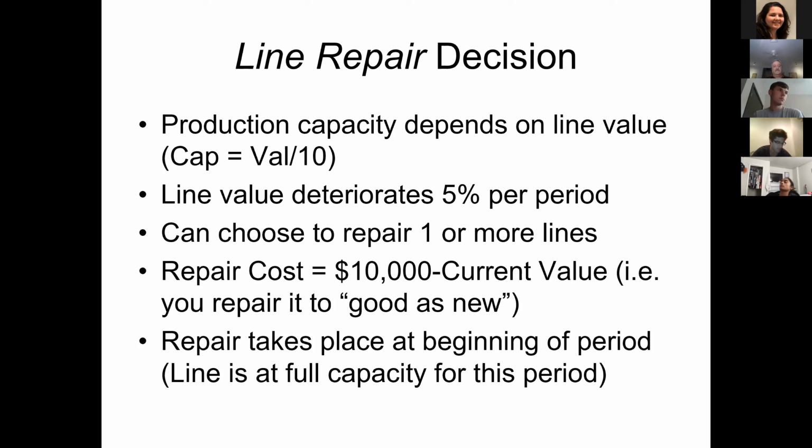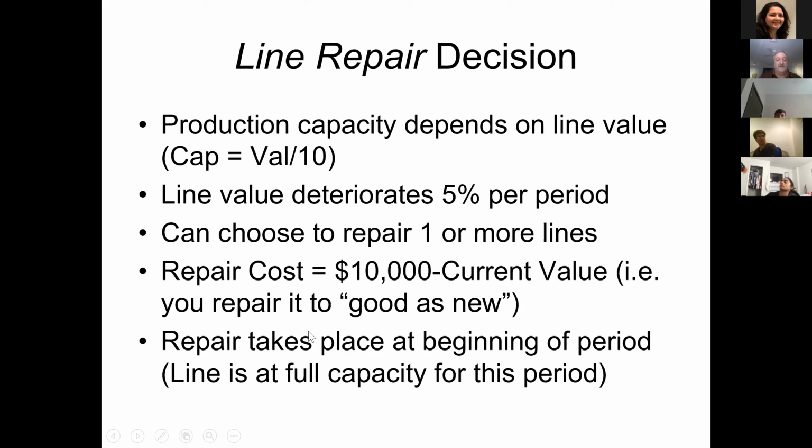But you can choose to repair that line, which is basically saying bring it back into good as new condition. And if you make the decision to repair a particular manufacturing line, basically it's $10,000, which was its initial value, minus its current value, right? So you can repair lines and bring them back into good as new condition, or you can not do it. That's up to you.